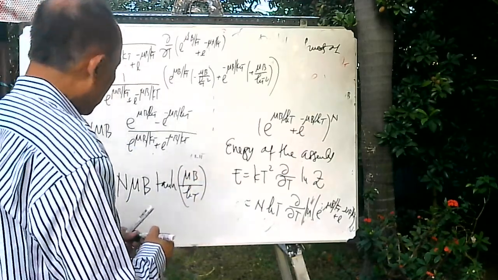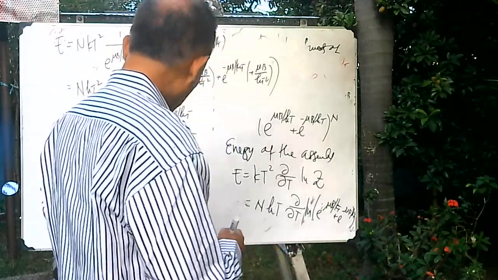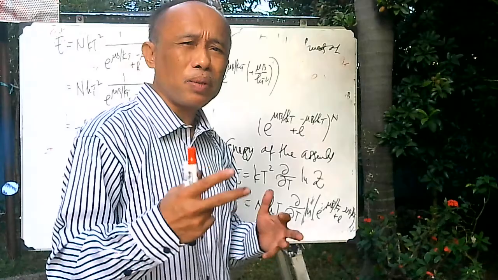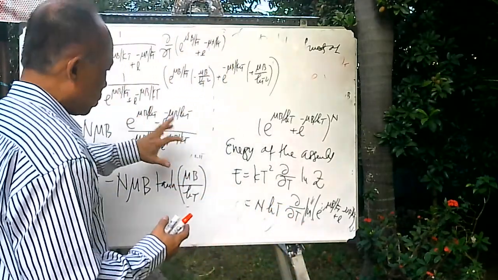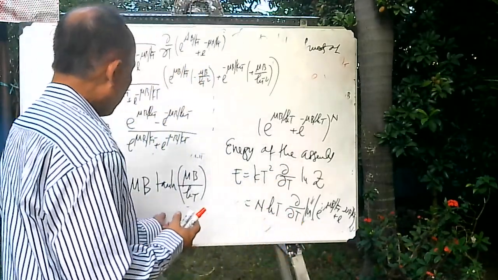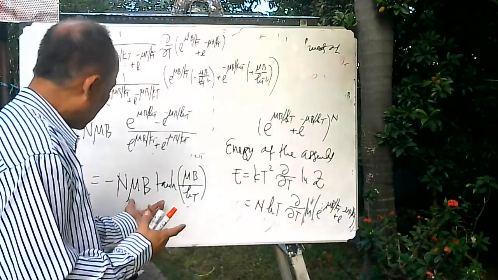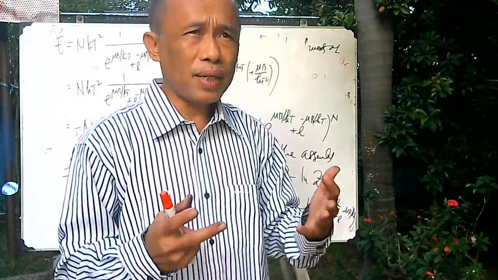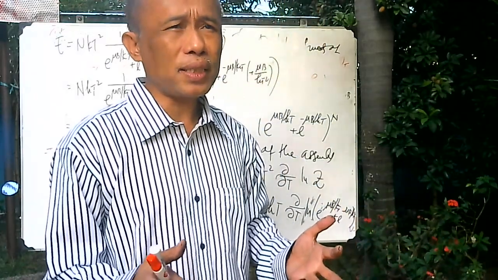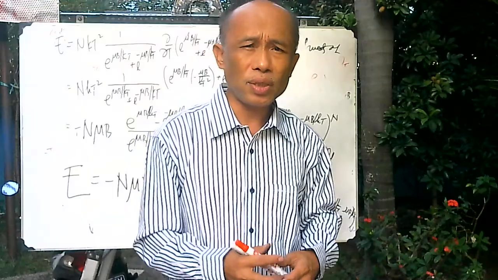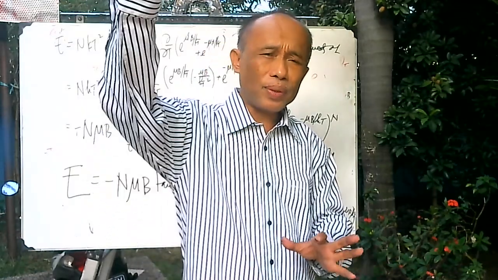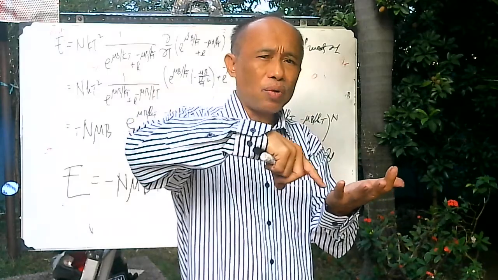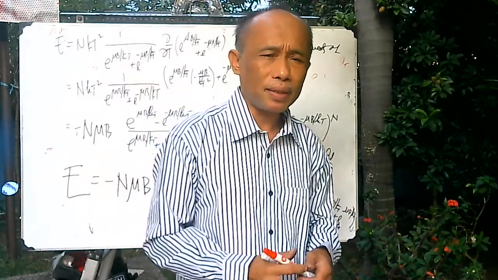This is exactly the same as the equation we derived by calculating the partition function of the assembly first and then using the same derivation. So we have now proven that we can determine the partition function of the assembly by first calculating the partition function of the particle, and then the partition function of the assembly is just the power of n of the partition function of the particle.